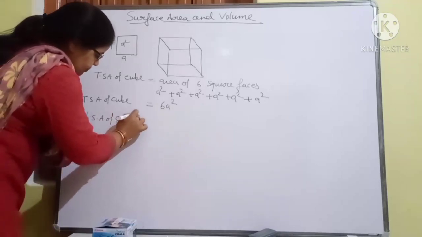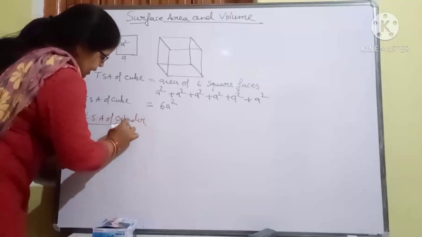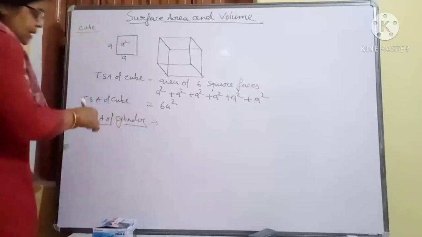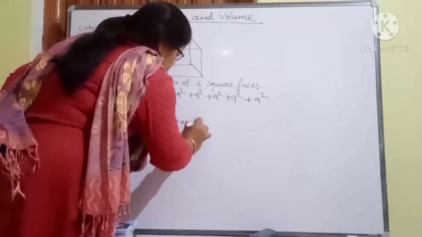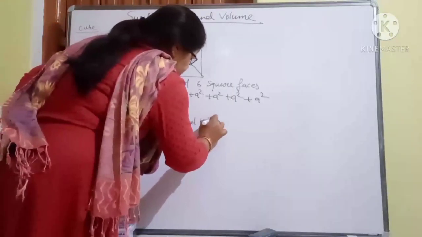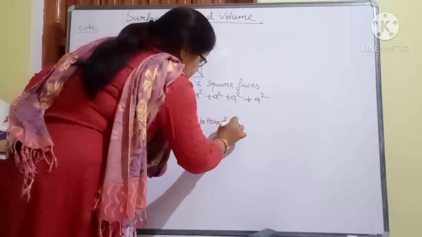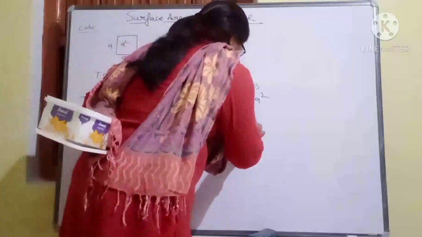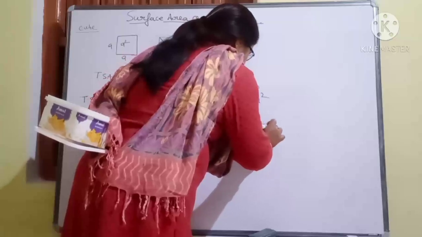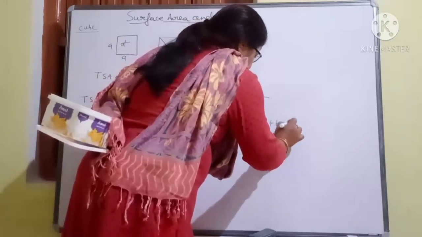What do you mean by lateral surface area, beta? In lateral surface area, I am writing here, top and bottom faces will not be included.